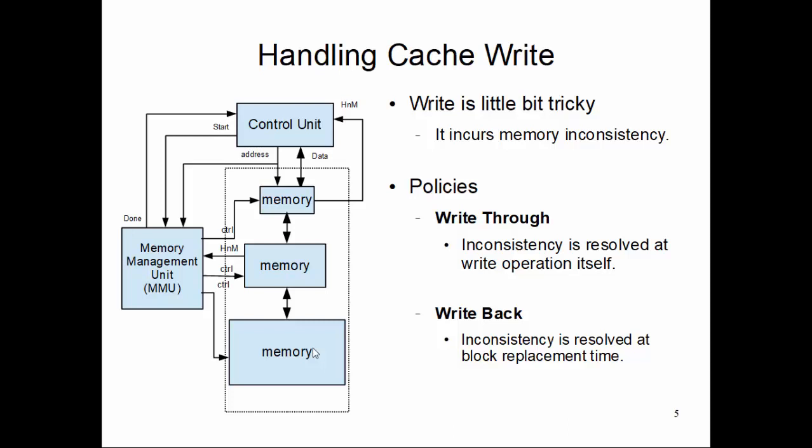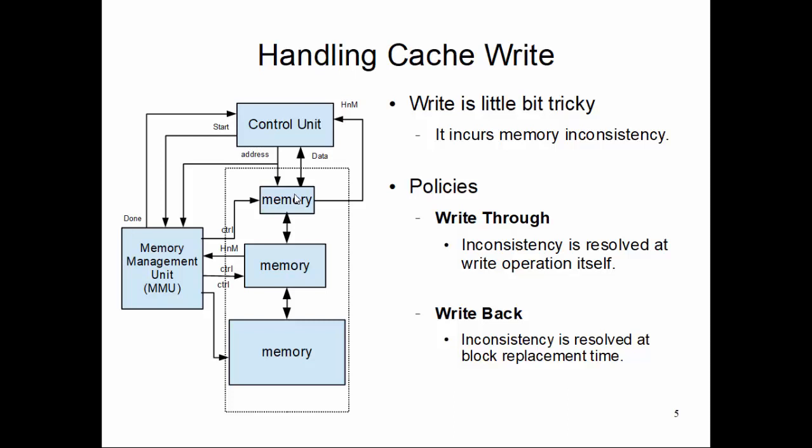The idea is this: I know my block is now inconsistent after the writing, but what I'll do is copy the block when I'm replacing the block for resolving some cache miss.